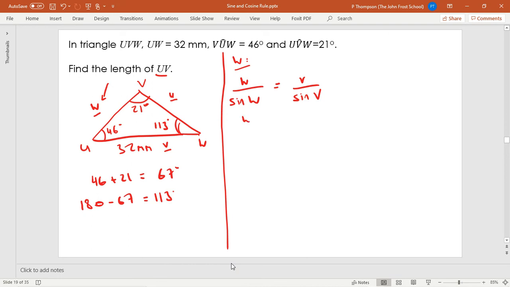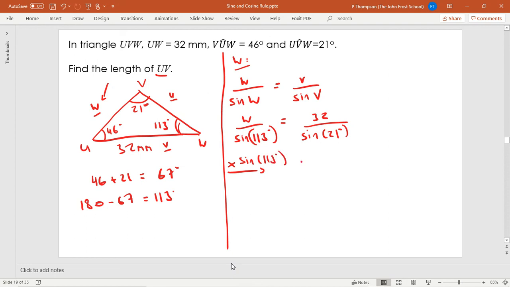Right, so I get w over sine 113 is v over sine V. Remember now, just multiply by sine 113.